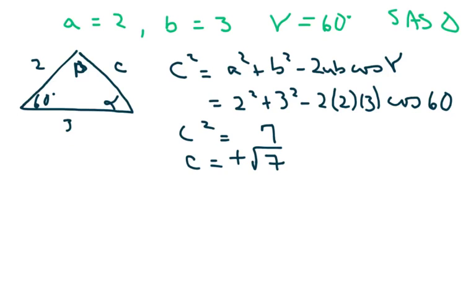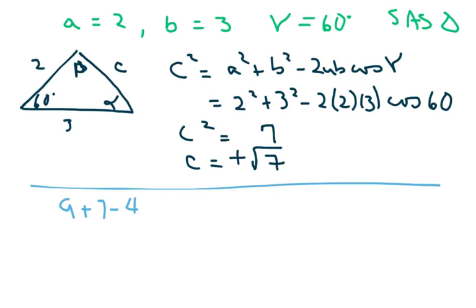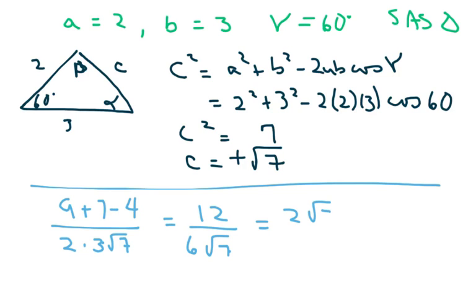To save space, I'm just going to write in the values: 9 plus 7 minus 4 over 2 times 3 root 7 times root 7. That's going to equal 12 over 6 root 7, which equals 2 root 7 over 7.